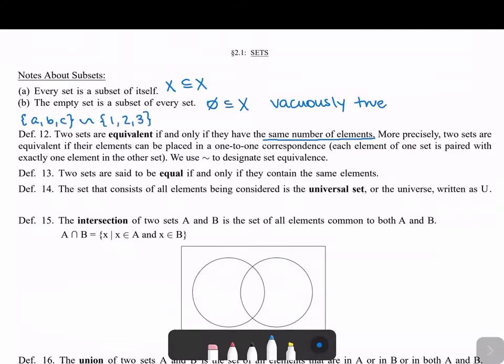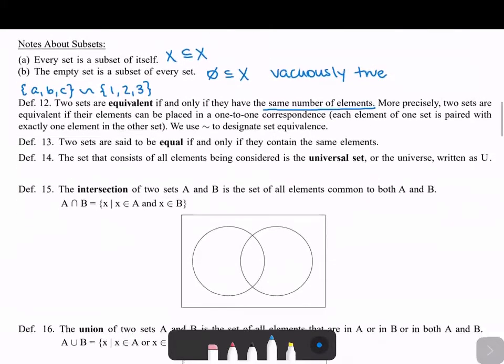So two sets are equivalent if they have the same cardinality, essentially. They can be placed in one-to-one correspondence, where A corresponds to 1, B corresponds to 2, C corresponds to 3. Just meaning they have the same cardinality says that two sets are equivalent.